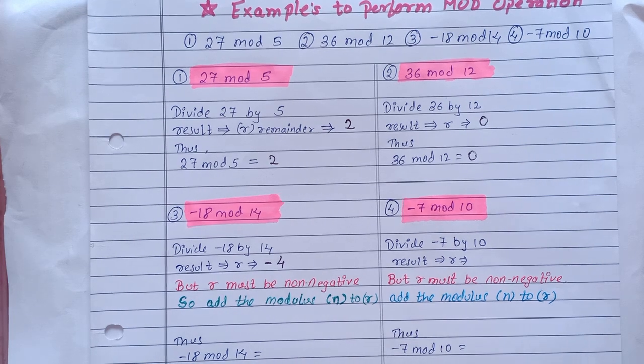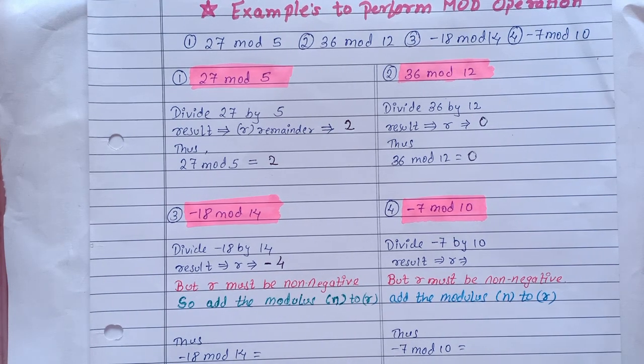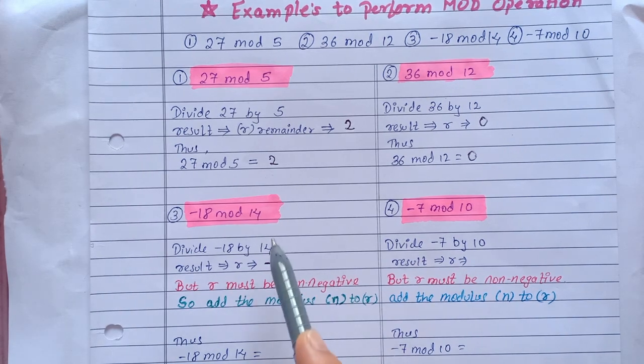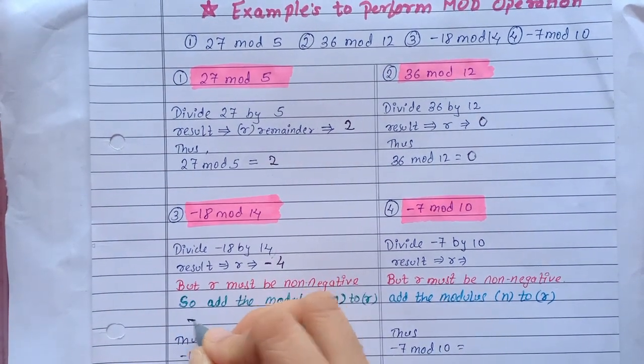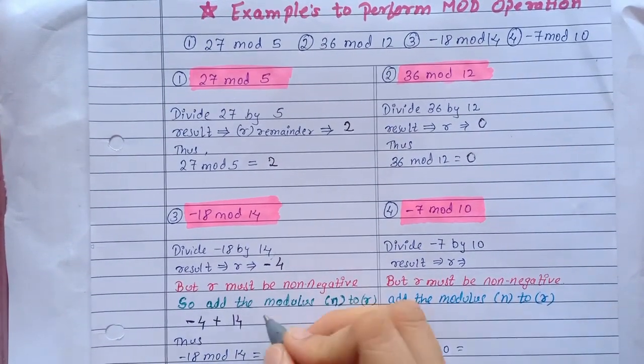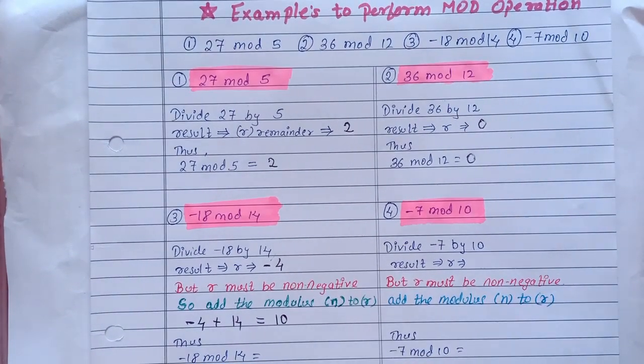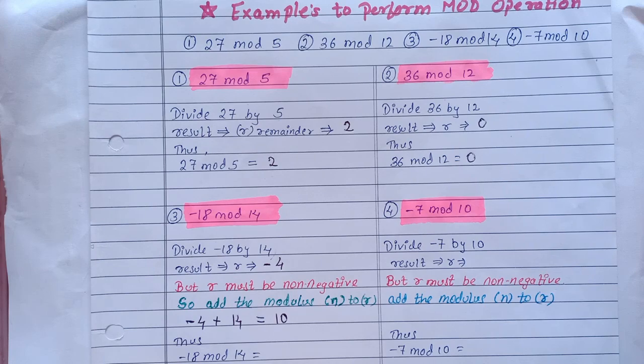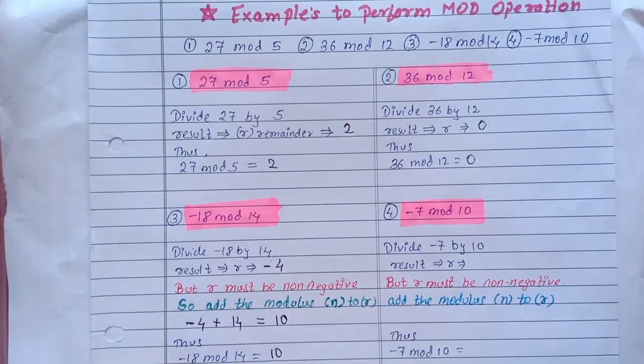But here, as I told you in my earlier video, the R is always non-negative. So to make it non-negative, it can be positive or it can be 0, we add this term, that is N, to this result. So this result plus 14, we get 10. So minus 18 mod 14 is 10.